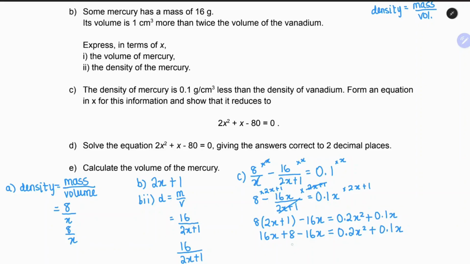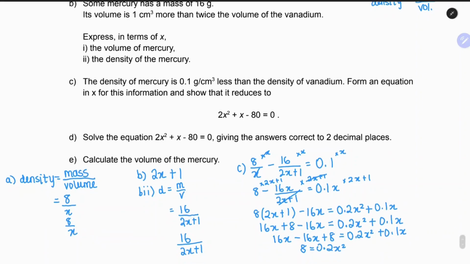So we're going to end up remaining with 16x minus 16x plus 8 is equal to 0.2x squared plus 0.1x. So 16x minus 16x is gonna give you 0. 16 donkeys minus 16 donkeys is 0. So it's gonna be plus 8 is equal to... so we're gonna remain with 8 is equal to 0.2x squared. Let me scroll down a bit.